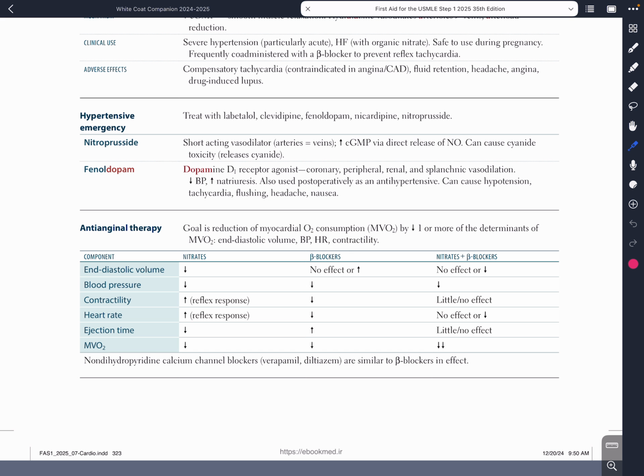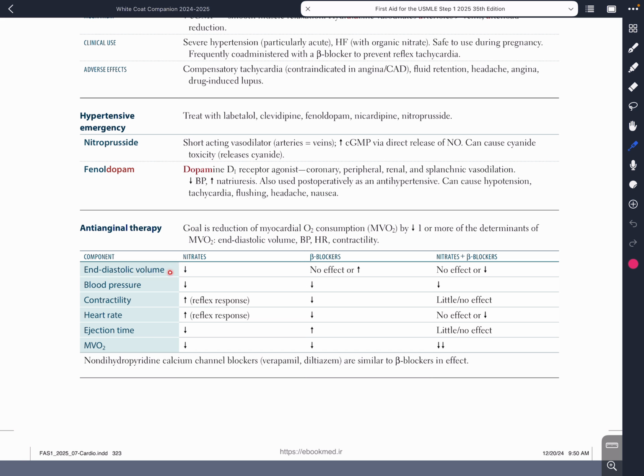Now let's see the key differences between nitrates, beta blockers, and the nitrate and beta blocker combination. End diastolic volume is lowered with nitrates.